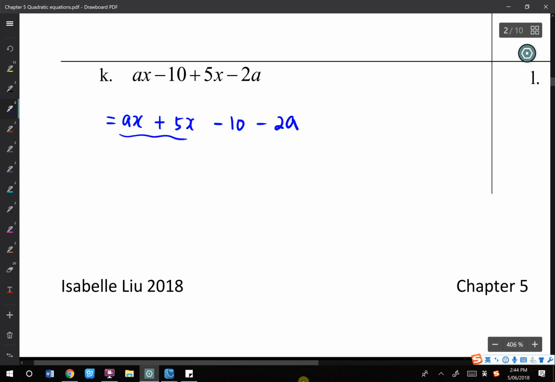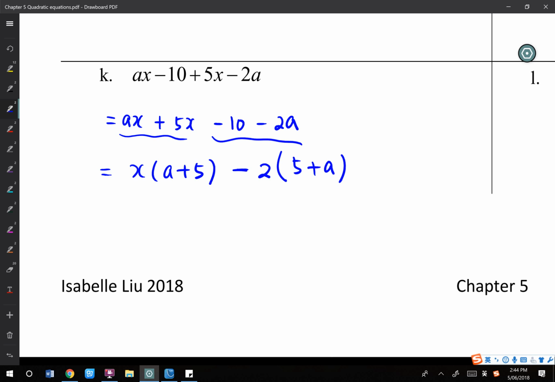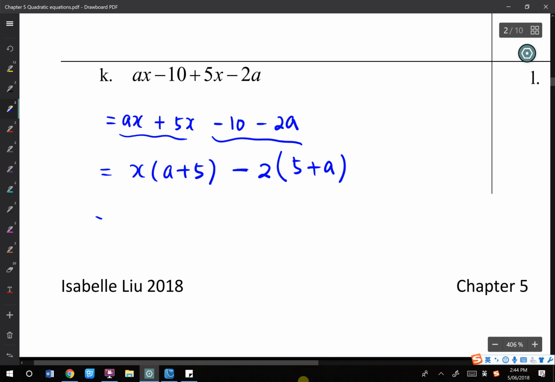Then I can group those two and I can group those two. We can take x out here and we have a plus 5 here. We can take a minus 2 out. We have 5 plus a here. Okay, and I will have a plus 5 and left with x minus 2.